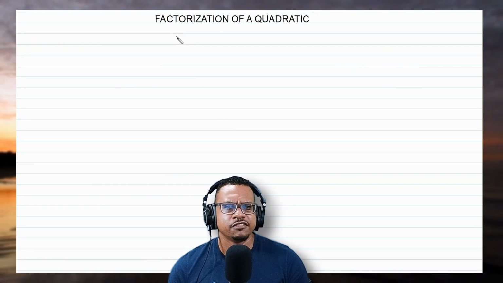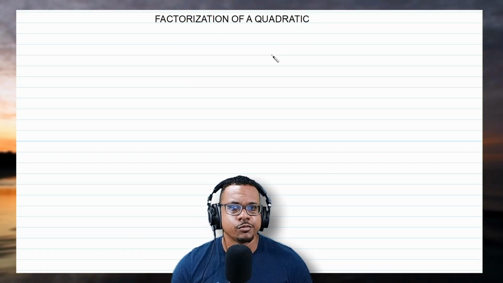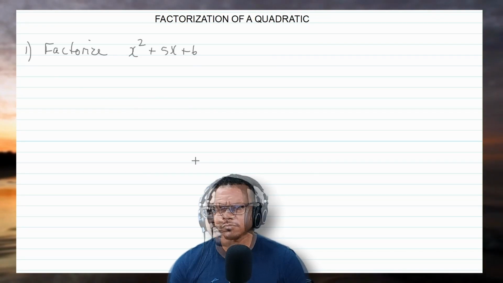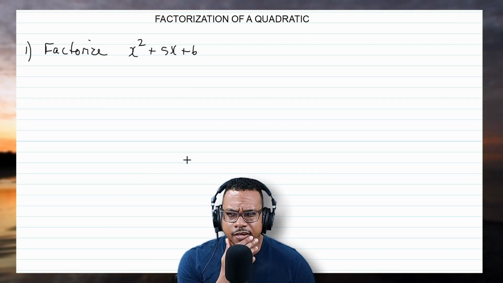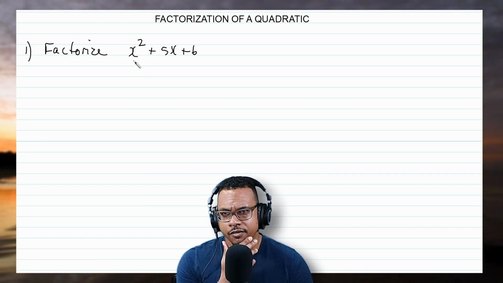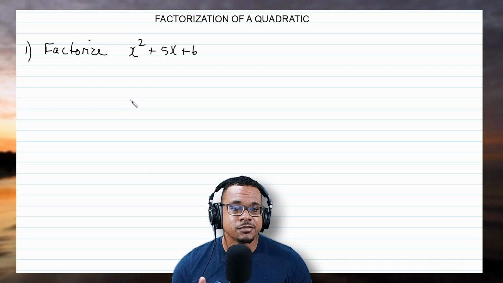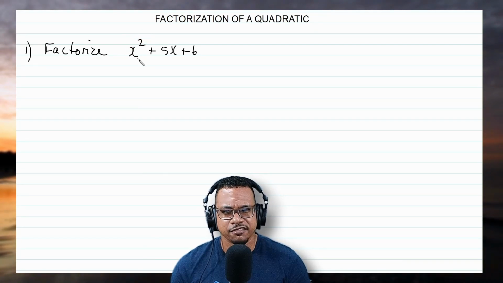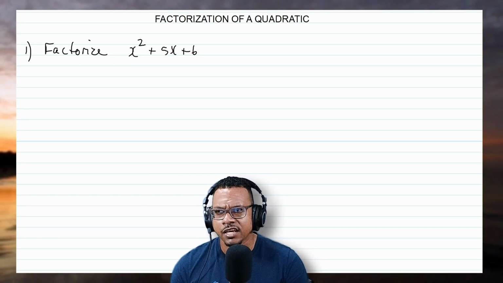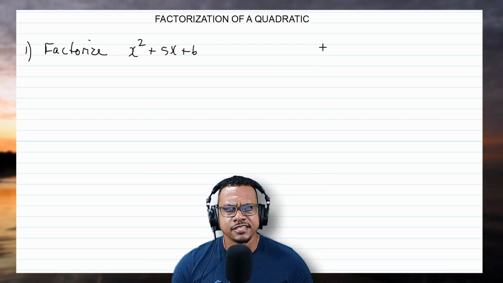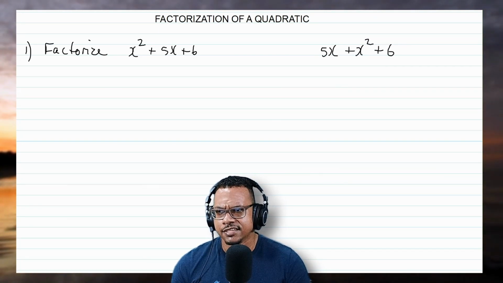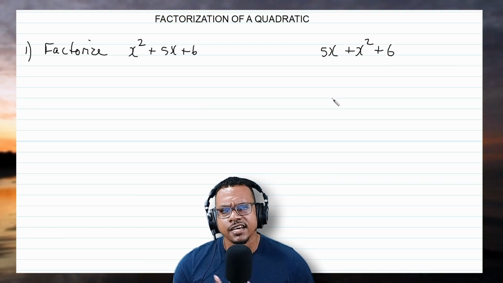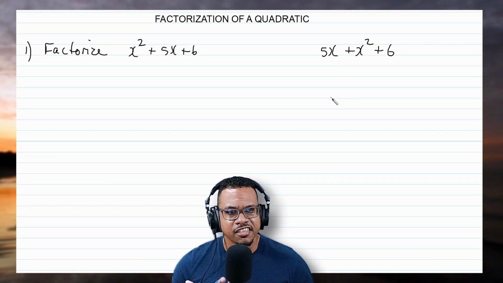All right, so here we're going on to the factorization of a quadratic. So that would be the factorization of the trinomial. All right, so here we have 3 terms. Now the order of these terms is important. Notice that it's x squared first, then the 5x, then the 6. Now, if they had given me, let's say, 5x plus x squared plus 6 like this, and said factorize this, I would have to rearrange things.